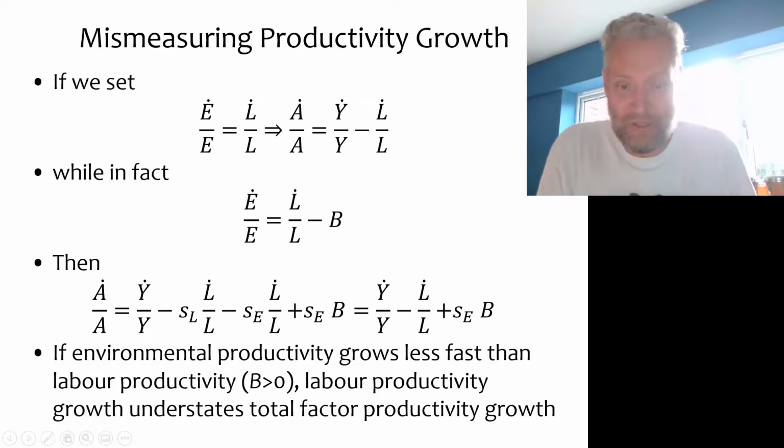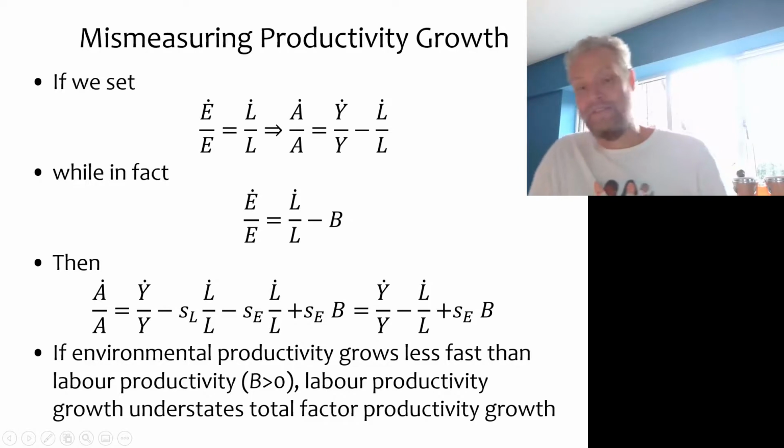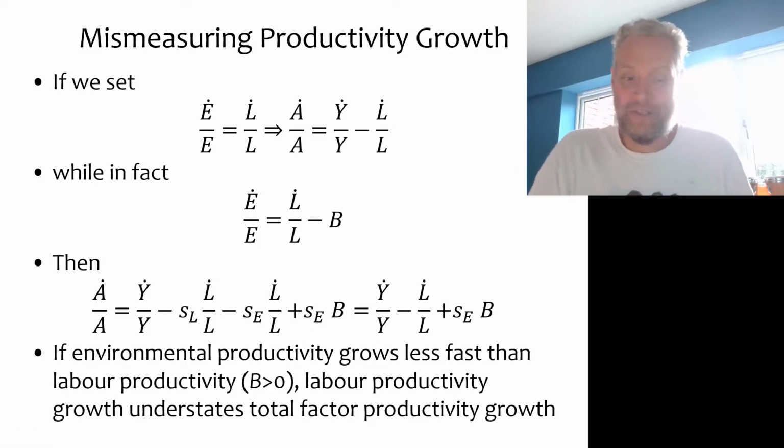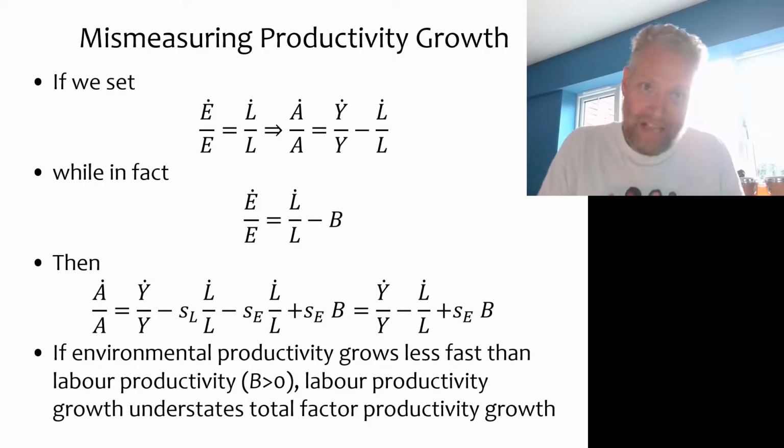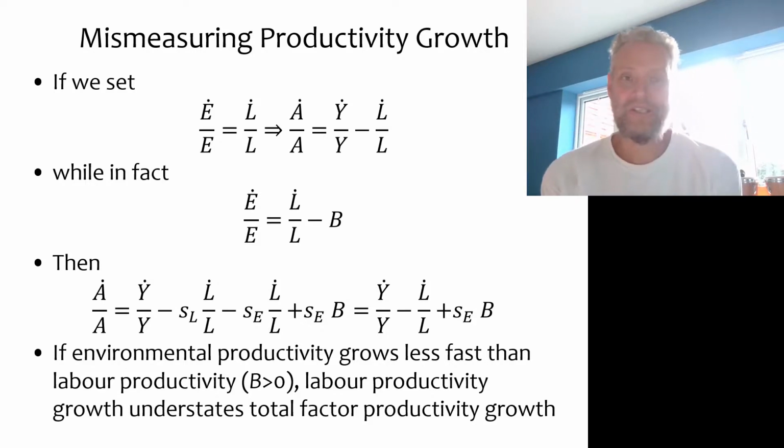And this becomes positive. Essentially what you then have is that your labor productivity growth, or more generally the productivity growth rate of all your measured inputs, in this case labor only, understates total factor productivity growth.